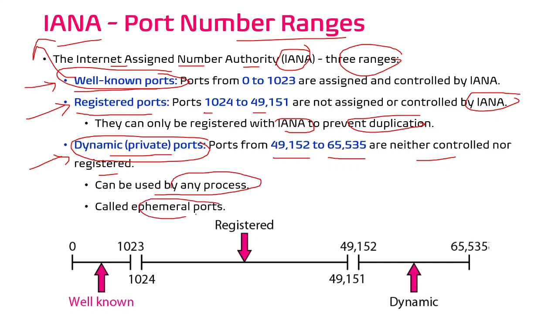Please make a note: there are three ranges of port numbers defined by IANA: well-known, registered, and dynamic. Dynamic port numbers are assigned at the client side, and the well-known port number is assigned to the server side. It can be chosen randomly at the client side.